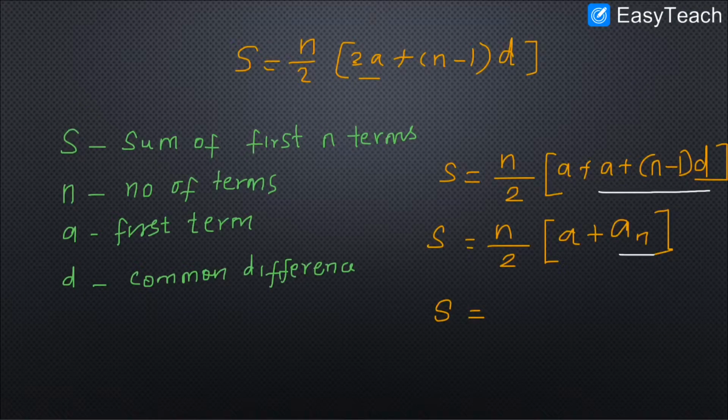That's why we can write the formula as S equals n by 2 into (a plus l), where l denotes the last term.